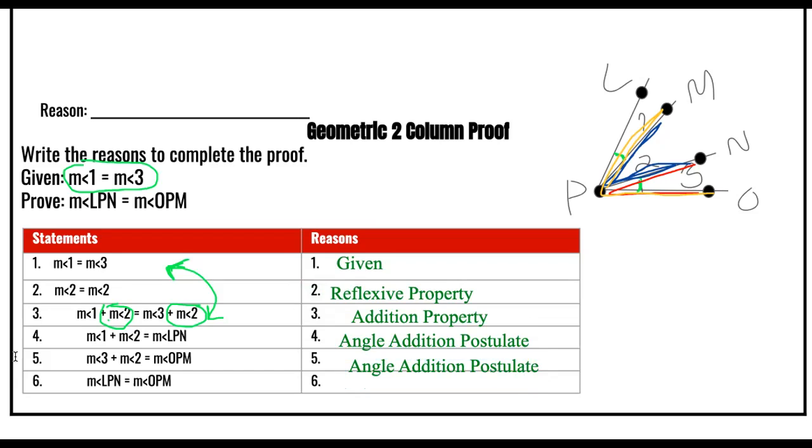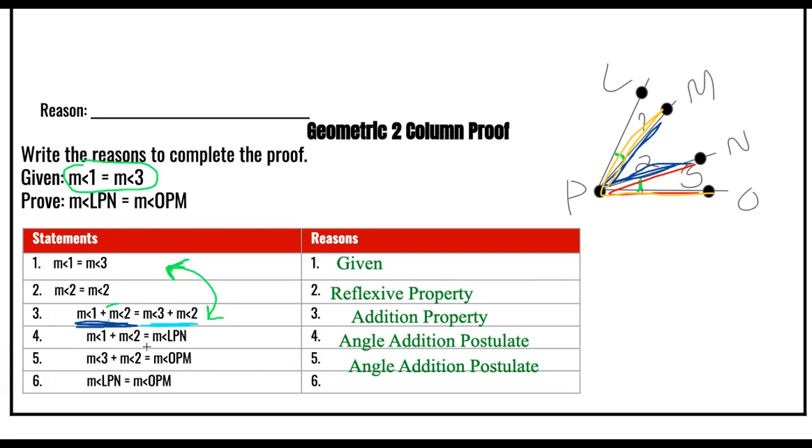So one more thing and we're done. They conclude that LPN is equal to OPM. How can they draw that conclusion? Let's look back in the proof. Remember, I'm going to delete some things and make it clear too. Let's delete this circle. Okay, so remember the measure of angle 1 plus the measure of angle 2 right here was equal to the measure of angle 3 plus angle 2, right?